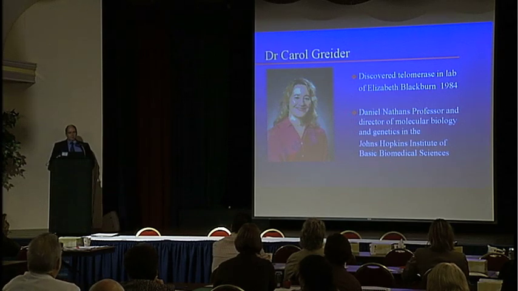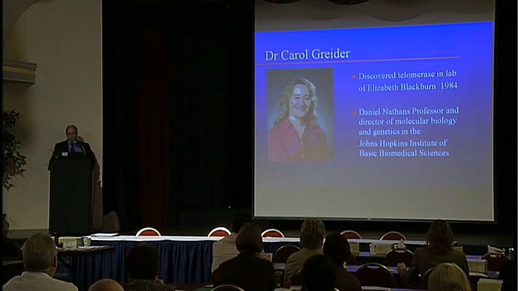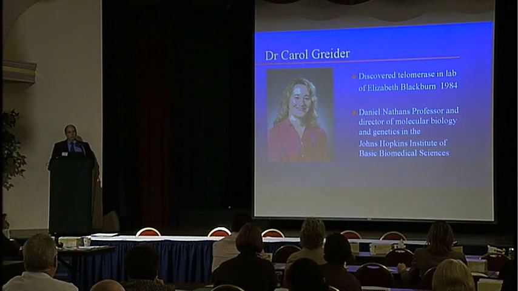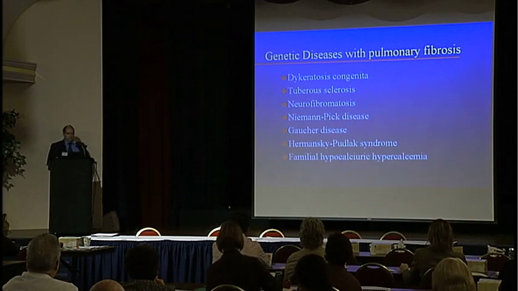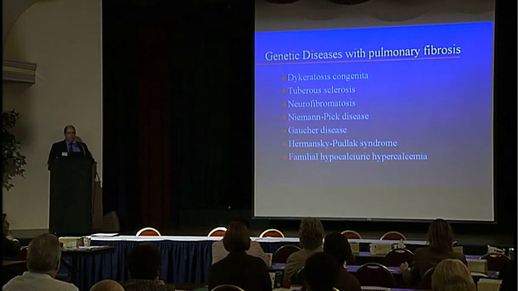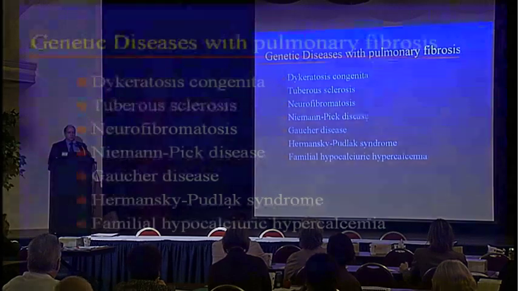So it's amazing progress, and then application of understanding of that enzyme, protein enzyme, and the genes that control it are in part the story of IPF in families. So Mary Armanios, who I showed you momentarily, was working with Carol Greider. They were interested in the disease at the top of this list because telomerase mutations had been shown to cause dyskeratosis congenita.